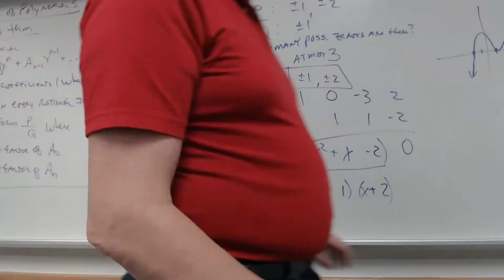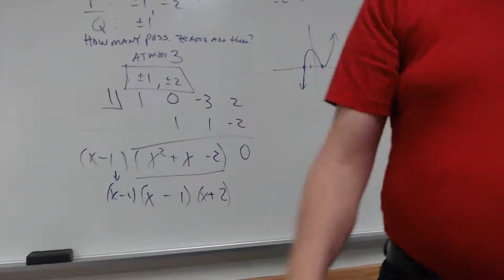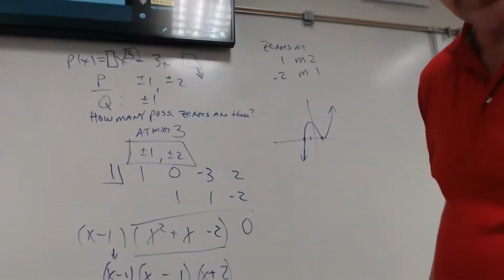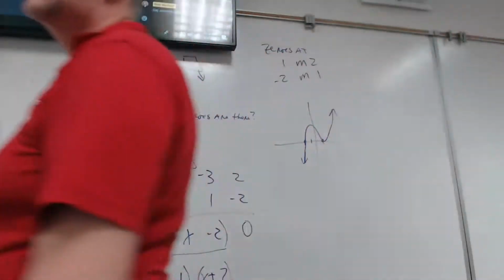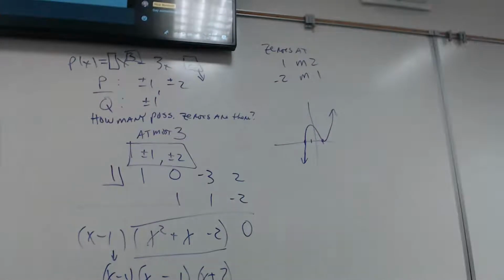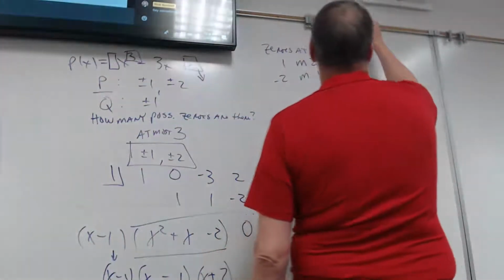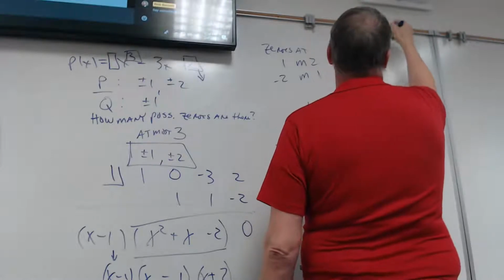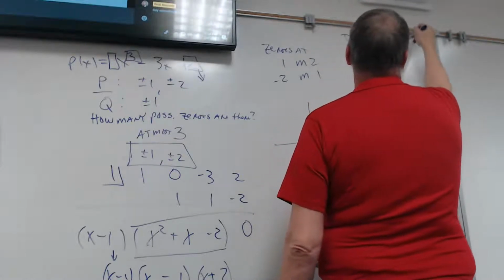One of the ways that we can narrow down our choices, this isn't perfect, but we can narrow them down, is to use what's called Descartes' rule of signs.